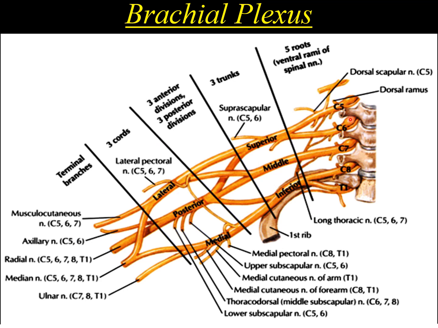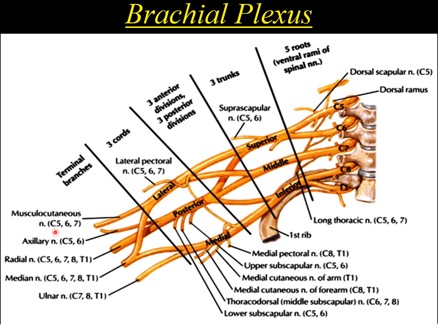Only the anterior divisions: C5 and C6 form the superior trunk, C7 the middle, C8 and T1 the inferior. Each divides into two. Anterior divisions of superior and middle form the lateral cord. Posterior divisions of all the trunks form the posterior cord, and the anterior division of the inferior forms the medial cord.